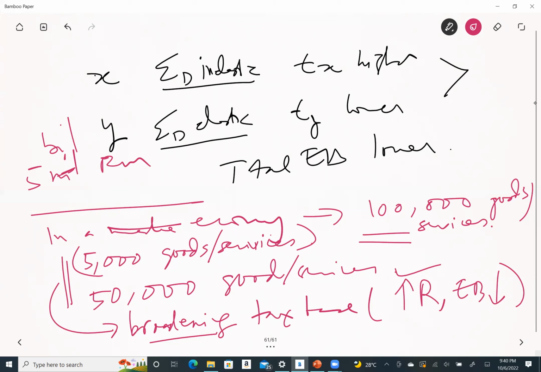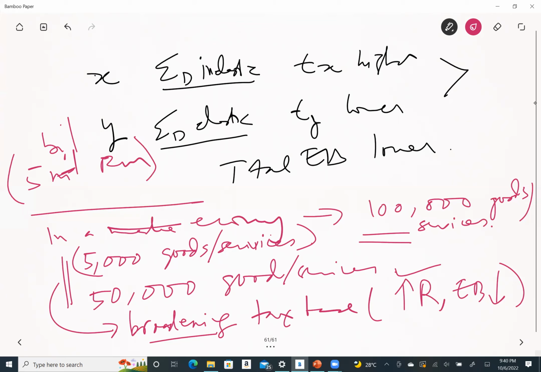Okay. What else? Each good, the tax is lower. Good. If you broaden the base, it's good. You can tax lower. So that is what you call broadening of the base.